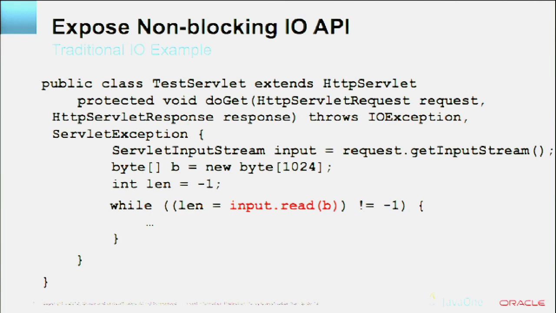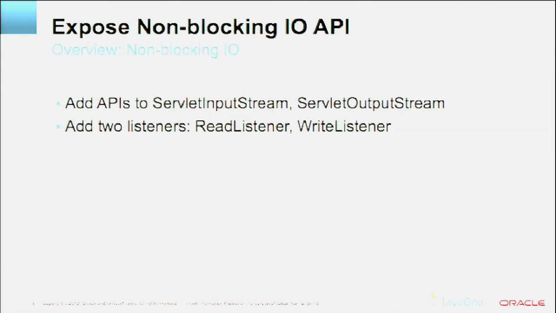Now, we try to address this problem by introducing non-blocking I/O. And the approach that we use is the event listener. Let's take a closer look at how we are going to solve this problem. We are going to introduce a read listener and write listener, and then we will add the corresponding APIs in the server input stream and the output stream.